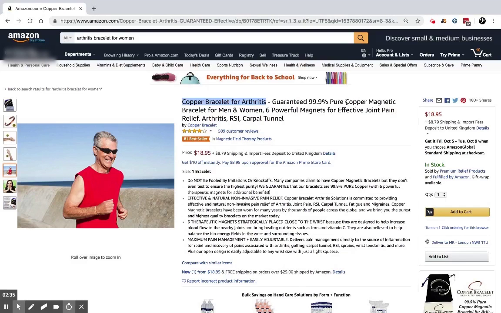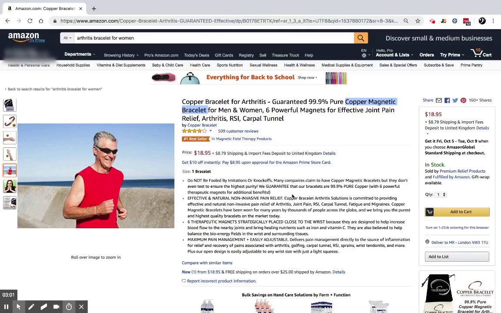The other thing they've done is copper magnetic bracelet for men and women, which includes a few of the shorter tail, higher search volume keywords, such as magnetic bracelet for men. So they've also targeted that keyword, and copper magnetic bracelet. They've got a few things in there, but they've made some clear decisions.